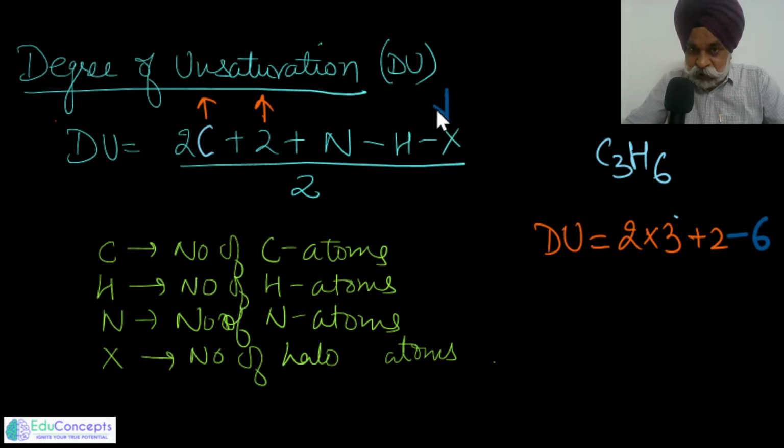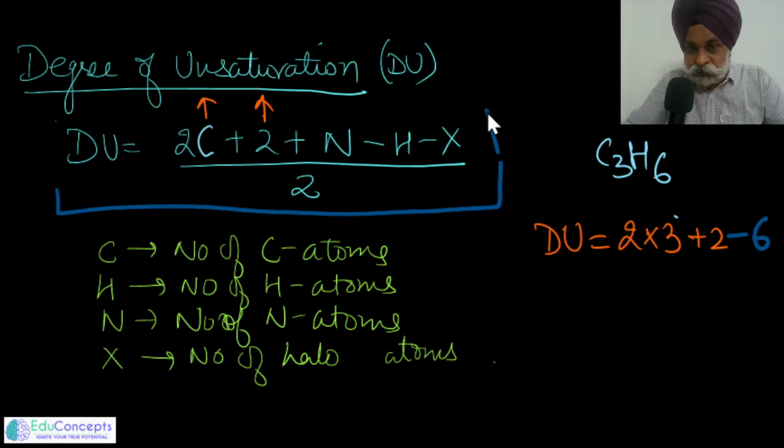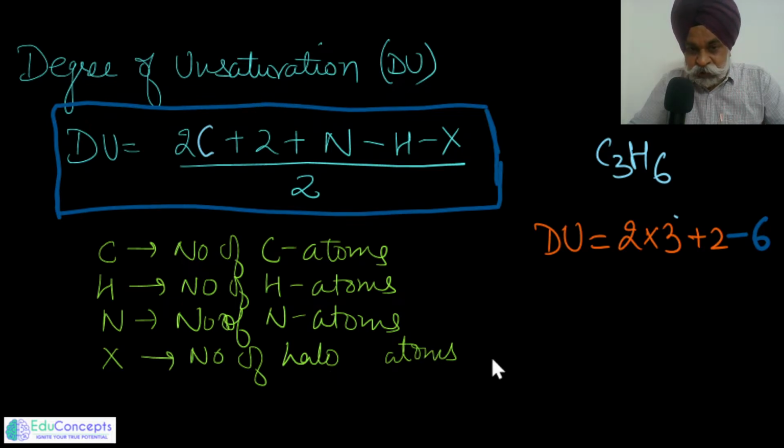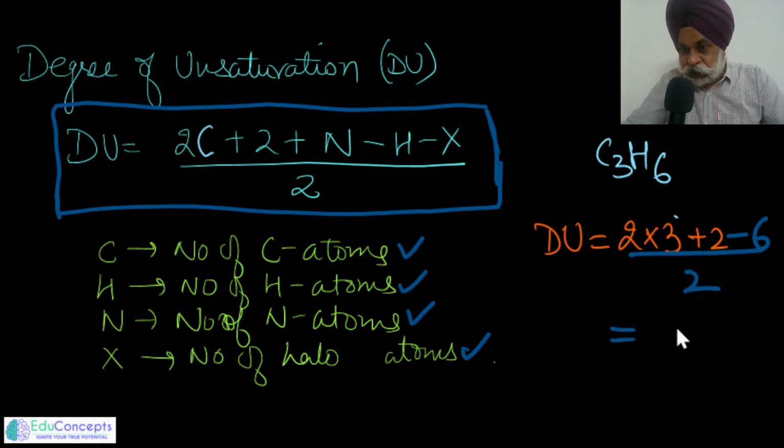And if there is any halogen, that also has to be subtracted. Since this formula does not contain any oxygen atom, there is no need of oxygen while evaluating degree of unsaturation. So the only thing you have to recall is the number of halogen atoms. Number of halogen atoms, nitrogen atoms, carbon atoms and hydrogen atoms. Divided by 2, the answer came out to be 1.